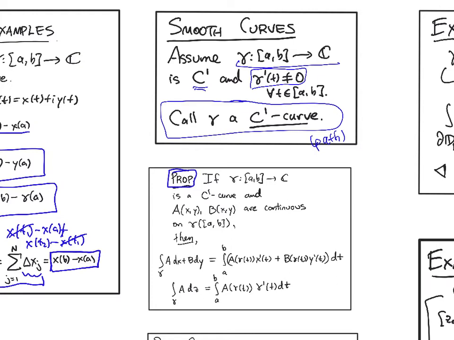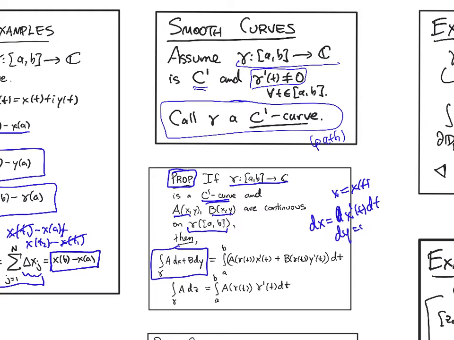So this proposition: if I have gamma as a C1 curve and a and b are continuous along gamma, then the integral of a dx plus b dy along gamma is basically you view x as x of t, and so dx becomes x prime of t dt, and dy becomes y prime of t dt, and we just integrate t from a to b.